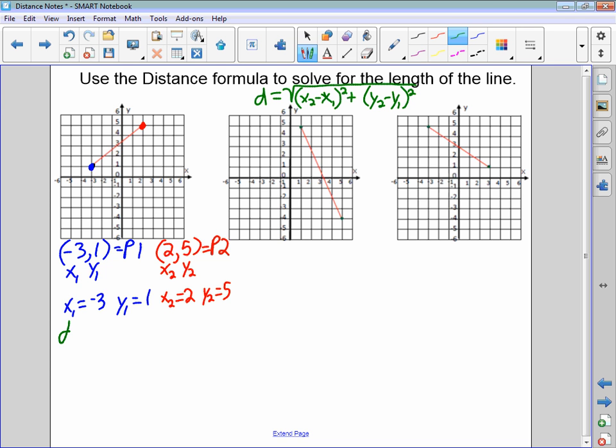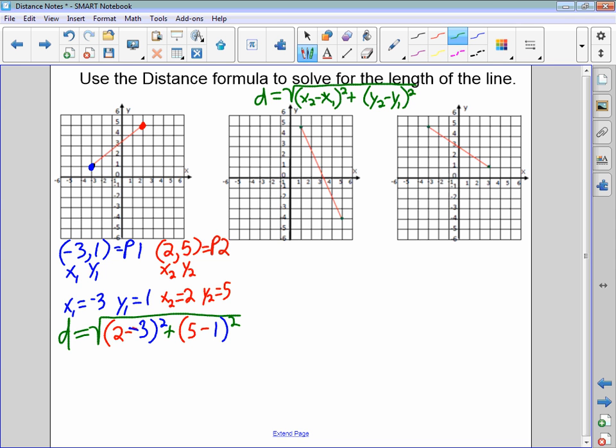We have distance equals the square root of x2, which is 2, minus x1, which is negative 3, and we square it, plus y2, which is 5, minus y1, which is 1.